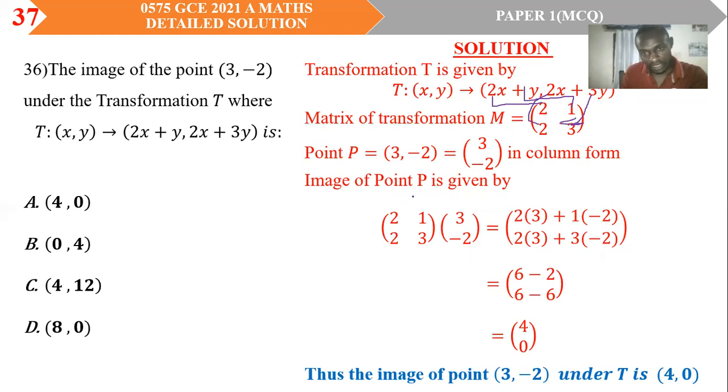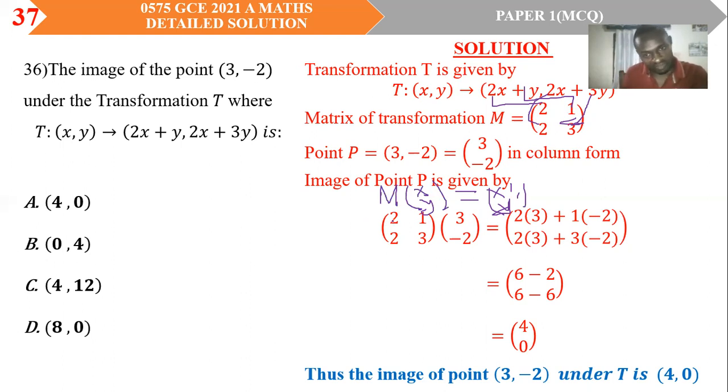Now, the image of the point is given by this matrix. The general rule is that if we have M as the matrix of transformation, the image of any point given by x, y will be M times x, y, which is equal to x prime, y prime, where x prime, y prime is the image of the point x, y.